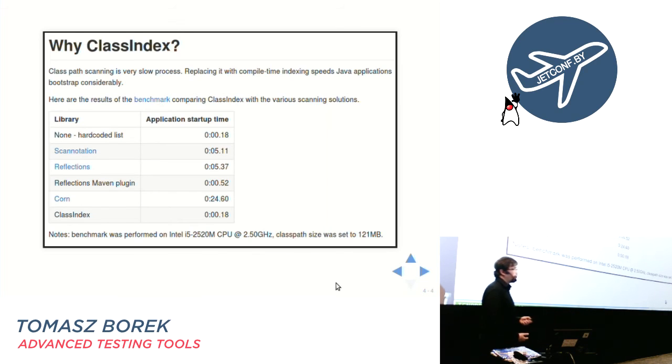And if you want your feedback loop to be short and quick and to the point, you don't want that time. So think of ClassIndex as an alternative for class path scanning, and whenever you want to run system tests, take a look at the library.